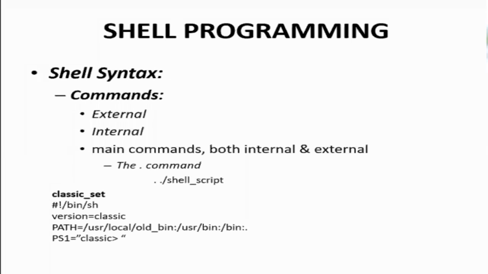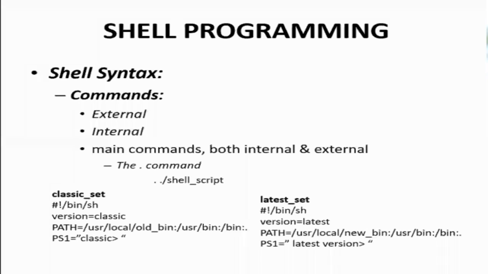So now, looking at another example, other than classic_set, I can specify one more example with latest_set, which contains the same lines of code. The scripts are executed using the dot command. So each script is executed in the current shell, and this enables the script to change the environment settings in the current shell, which remains changed even when the script finishes executing.